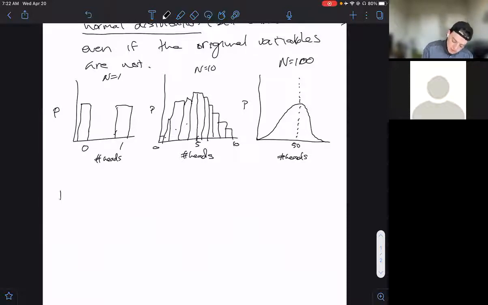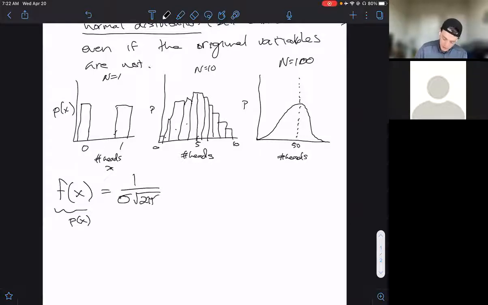And so basically, f of x, which is basically the p that we plotted, so p of x, where this is the y-axis, so x is the number of heads, is equal to this funky factor, which is something called sigma divided by square root of 2 pi, e to the negative 1/2.